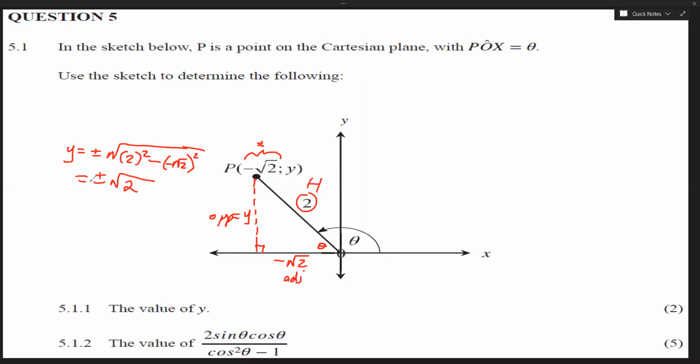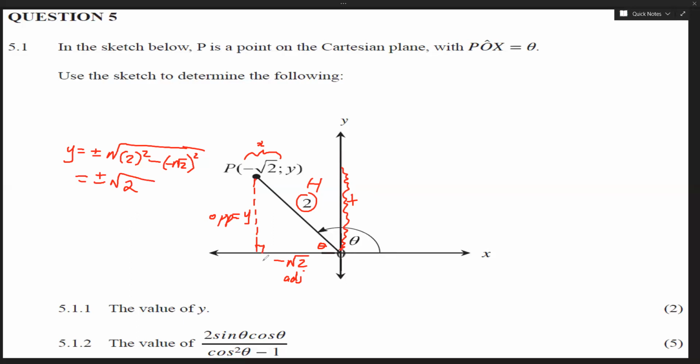But this is not the final answer. You always have to check which axis you are parallel with. In this case, I'm parallel with this axis here, and this axis is positive. So the y value there must be positive because it's parallel to the y-axis that is positive. The reason why here we have a negative is because the x-axis is negative on this side.